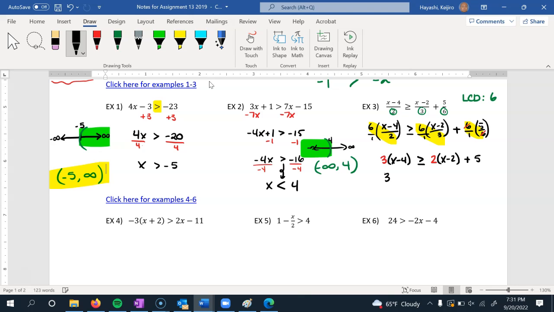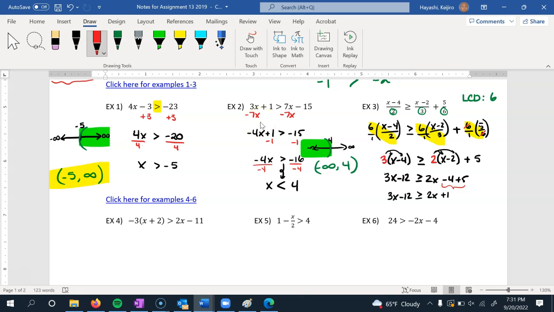So distribute that 3. Distribute that 2. You get 3x minus 12 is greater than or equal to 2x minus 4 plus 5. You can definitely combine the negative 4 and the 5 to be plus 1. And now I have a variable on both sides, a constant on both sides.